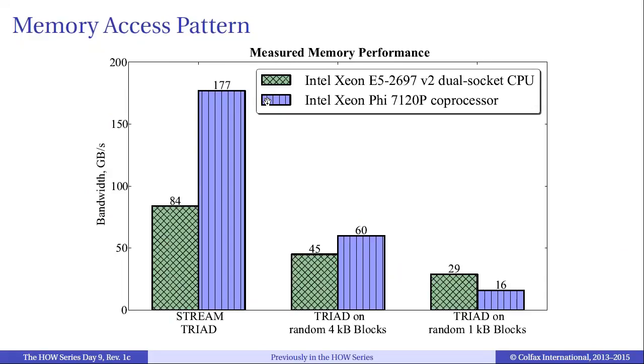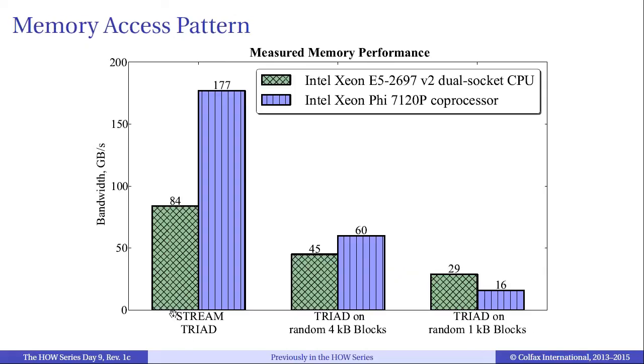So what's happening here? I have an application that allocates three large arrays in memory, A, B, and C, and then it uses all cores to read array A, multiply it by a number, add to array B, and write back into array C. This is called the triad test in the industry standard benchmark for measuring memory bandwidth called STREAM.